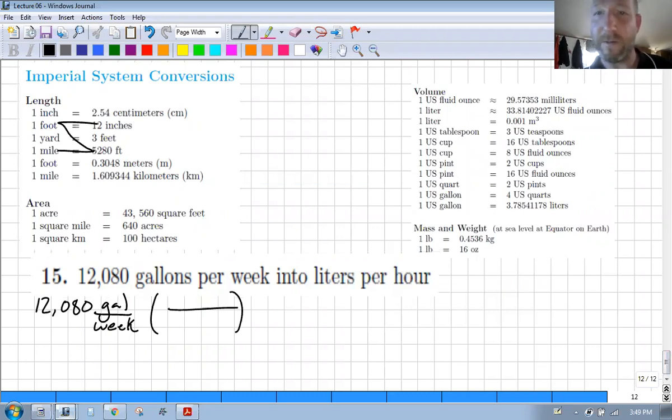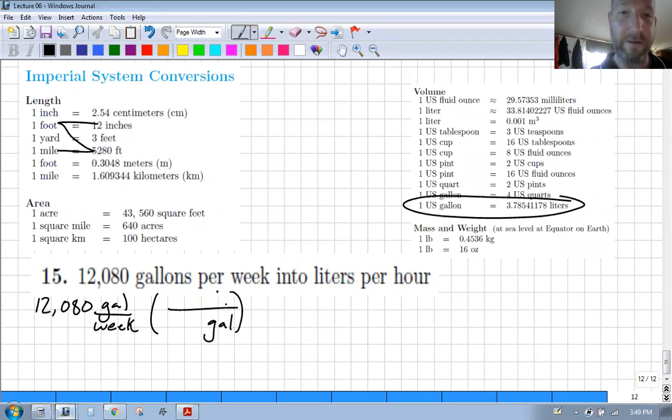We'll get rid of gallons. We want liters. 1 gallon is 3.79 liters.